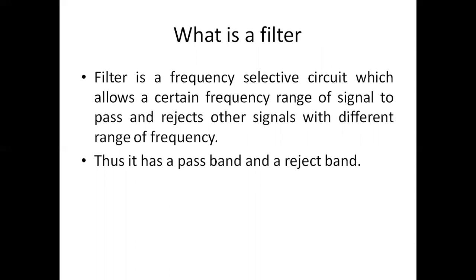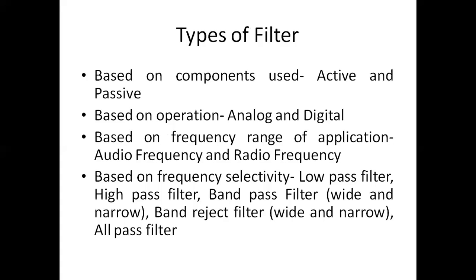That is one filter. Now, coming to the types of filter, based on components used, basically we have active filter and passive filter. What is an active filter? A filter which uses certain active components in addition to passive components like resistors and capacitors. In this case, the filter we are going to design is an active filter.